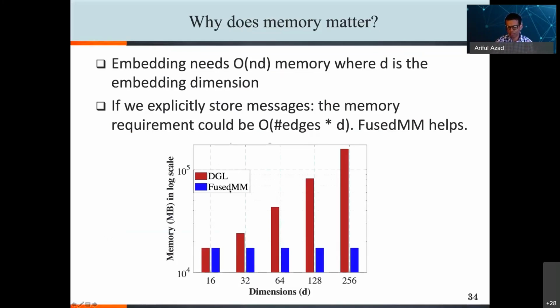FusedMM is their fusion, and we can see that when your embedding dimension increases, the memory requirement of the fused operation does not change because you are not storing messages. But if you have to store messages, then it can increase significantly.